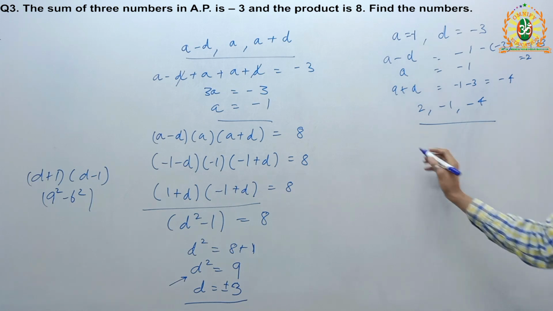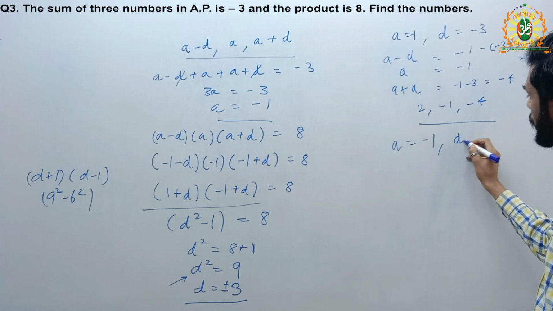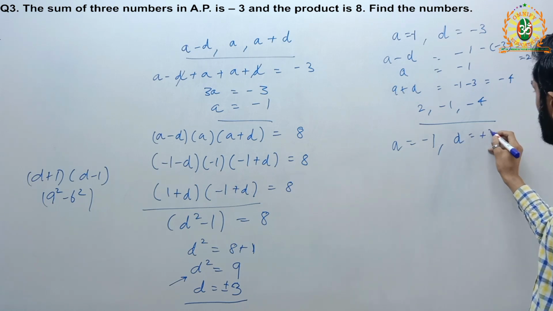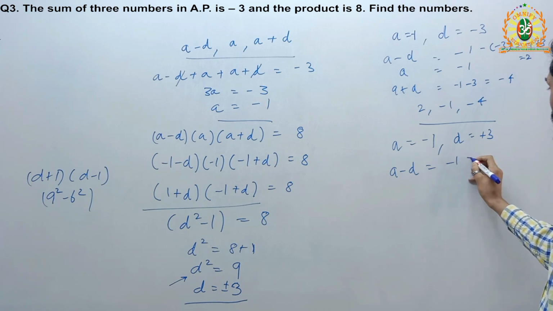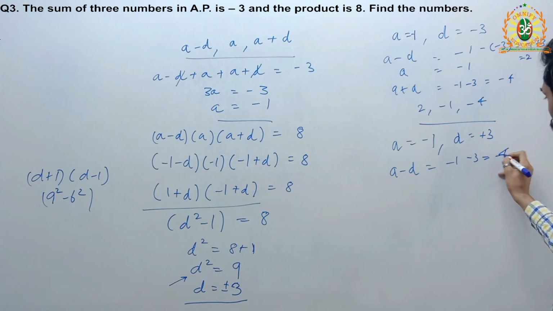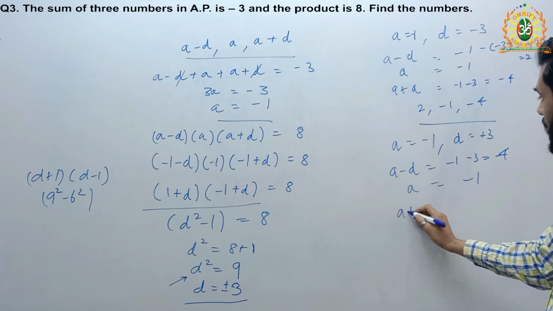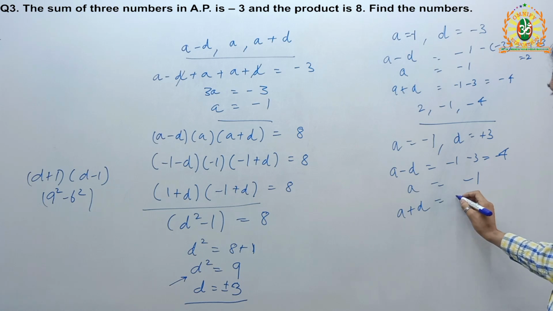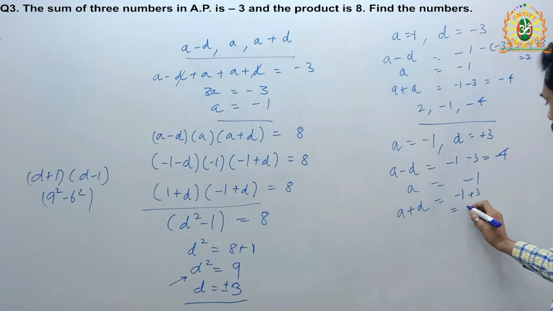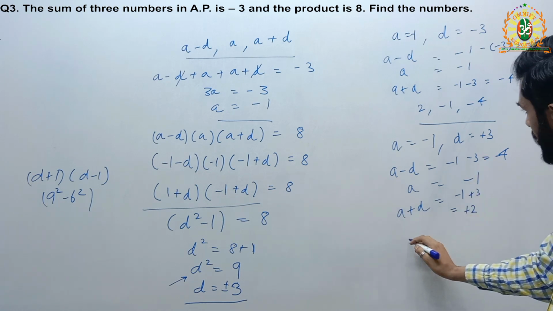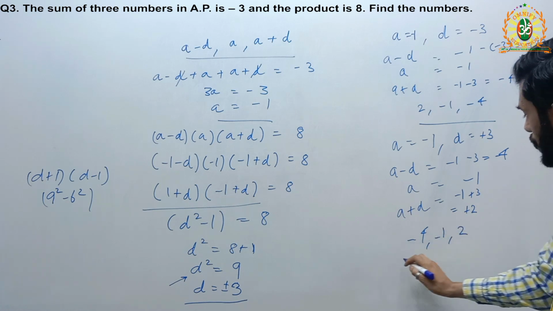And in the second case, if you take a is equal to minus 1, which remains the same, but the value of d would be plus 3, hence a minus d would become minus 1 minus 3, which would be minus 4. A would be minus 1 and a plus d would be minus 1 plus 3, which would give you plus 2. Hence the three numbers obtained from here would be minus 4, minus 1 and 2.